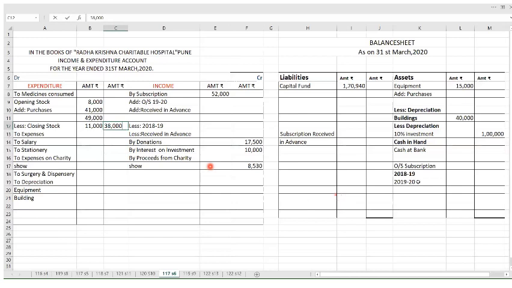Then the second effect of the closing stock is given to the balance sheet asset side, that is closing stock of medicines, that is 11,000.